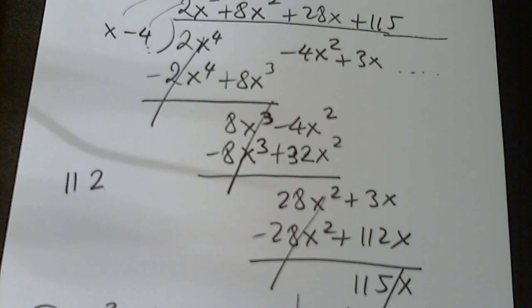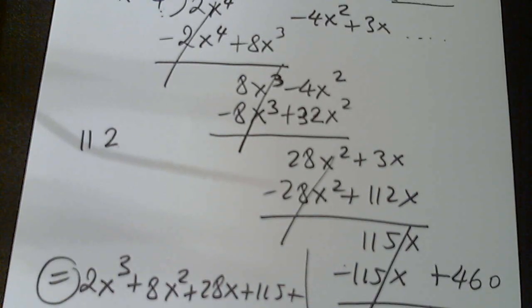The remainder has to be 460 if I'm correct. Let's see what I entered. I entered 2x to the fourth. Got it. This is squared. It's not cubed. Okay, now the answer has to be 460. And it is. So I know that this is correct.